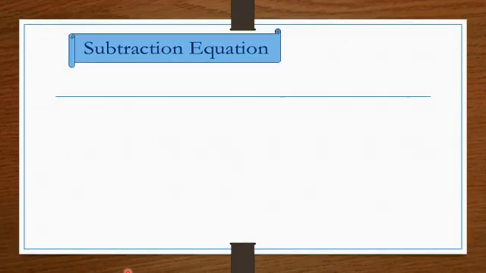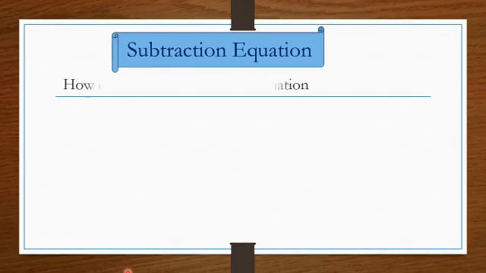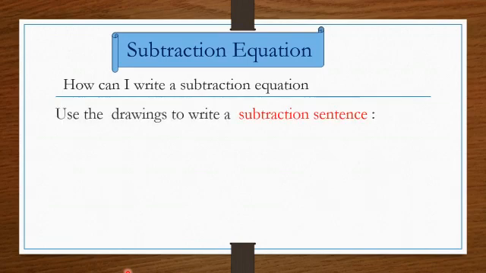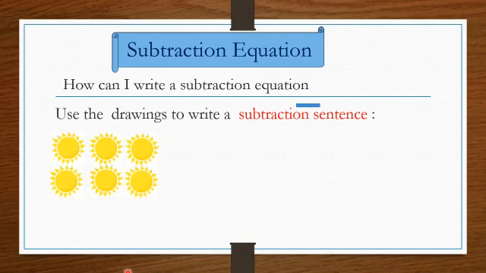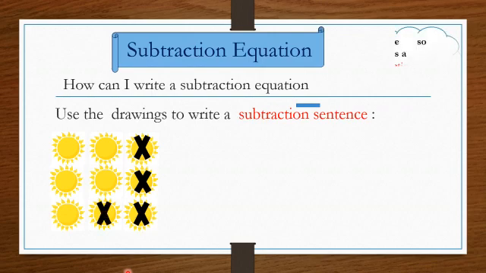Here we have the subtraction equation. How can I write a subtraction equation? Use the drawings to write a subtraction sentence. Means we are going to use the minus sign. We have 1, 2, 3, 4, 5, 6, 7, 8, 9 sun, and 1, 2, 3, 4 of them are crossed.